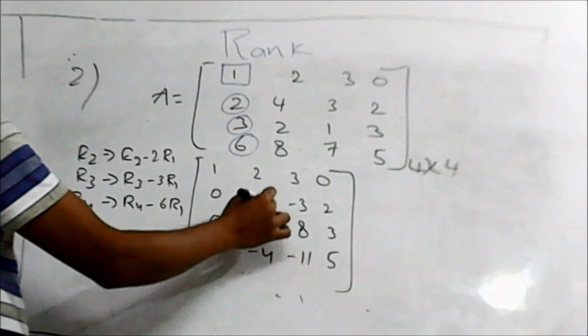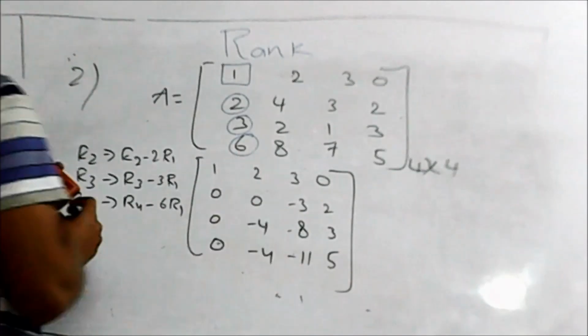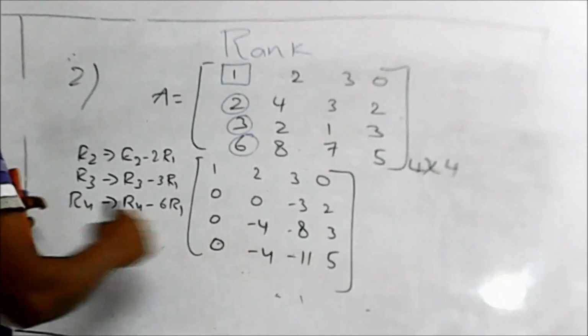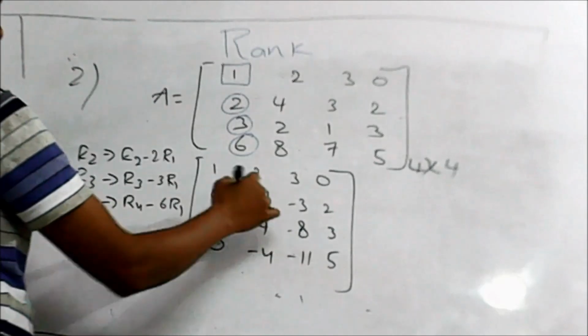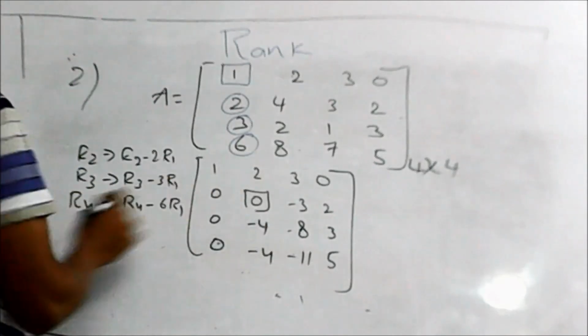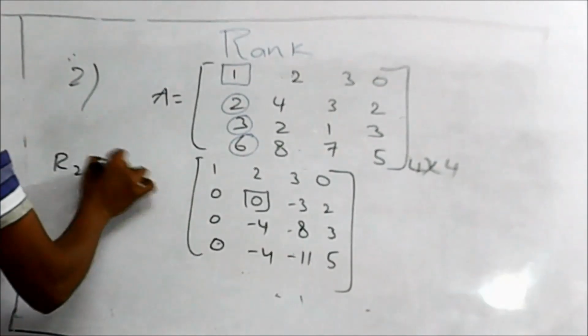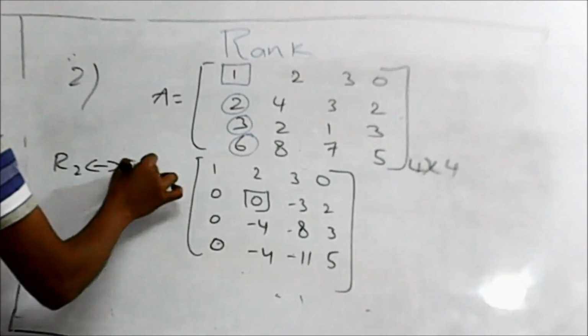So second thing, you need to select the second diagonal, but it is 0. So you need to interchange the rows such that this diagonal is non-zero. So you can interchange R2 and R3.